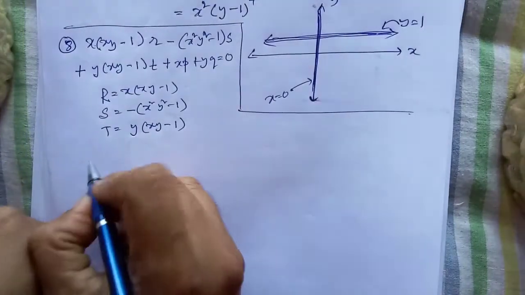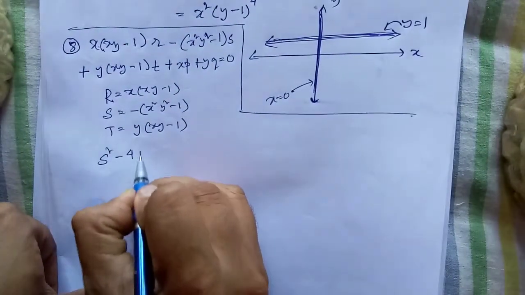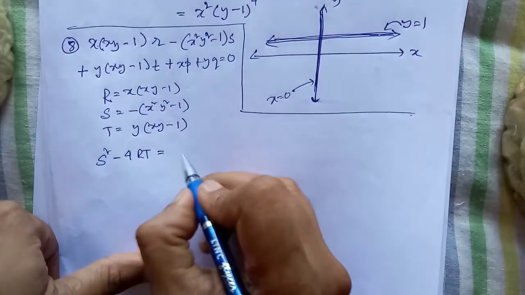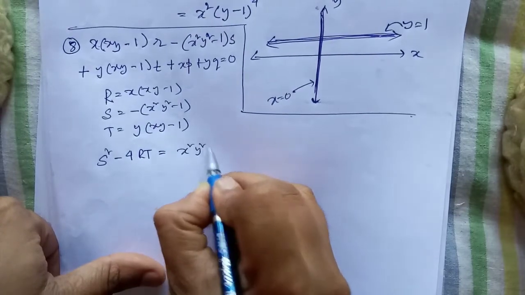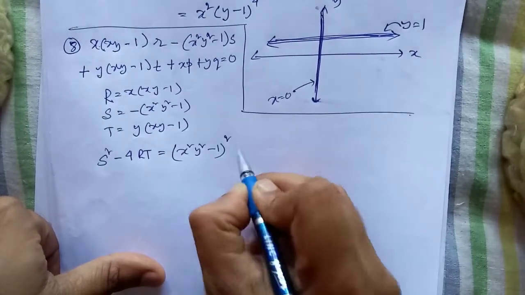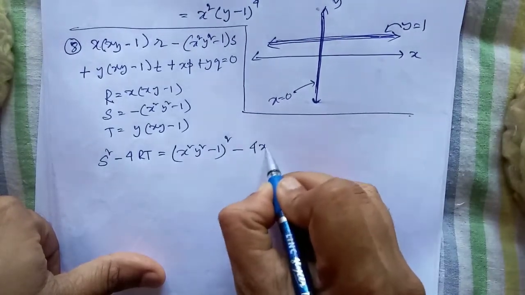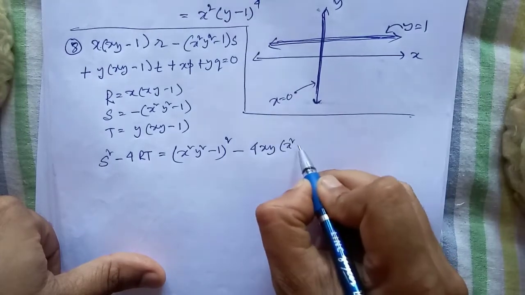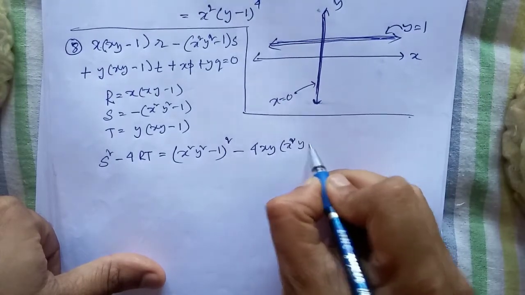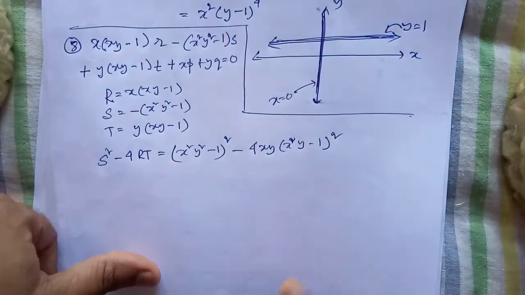So what you get is s² − 4rt equal to (x²y² − 1)² − 4xy(xy − 1)².